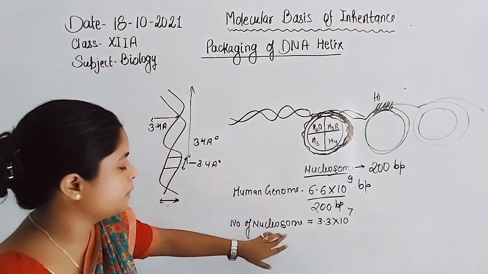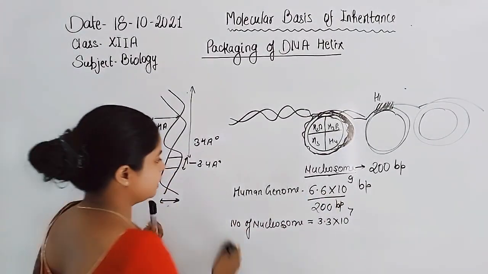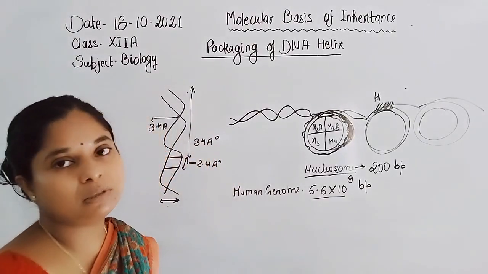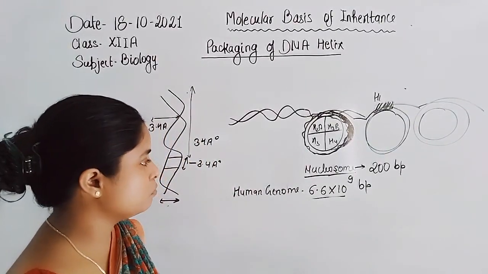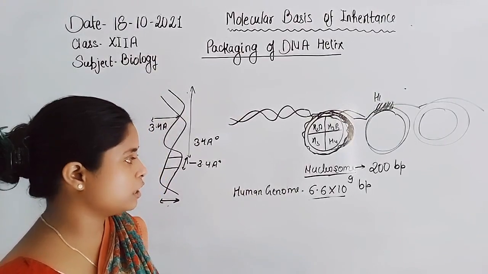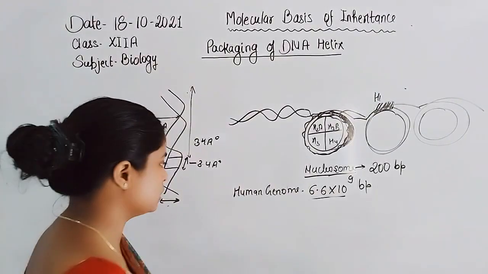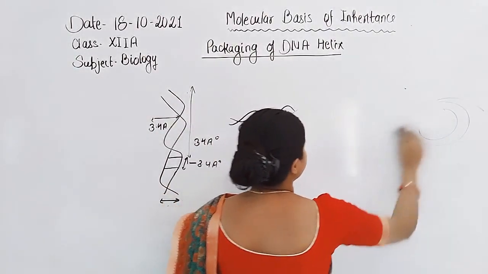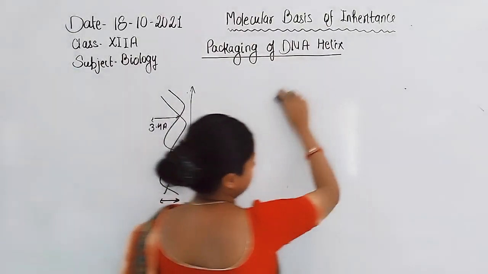How many base pairs are present? 6.6 into 10 to the power 9 base pairs. So the length of DNA is about 2.2 meters. We can also write it in angstrom instead of changing to meters. Now let us discuss after packaging, what is the diameter of DNA?